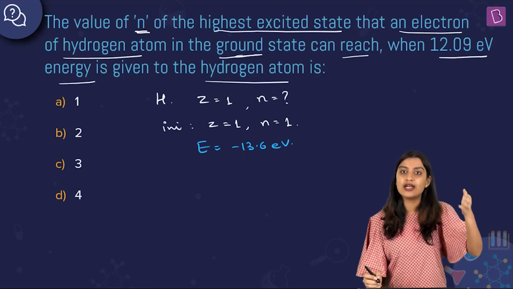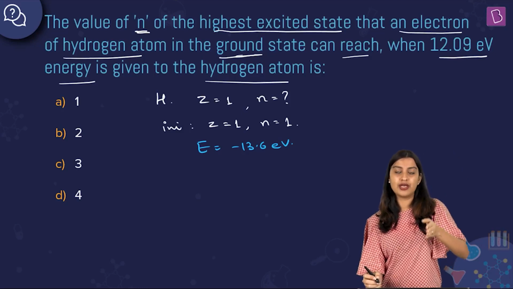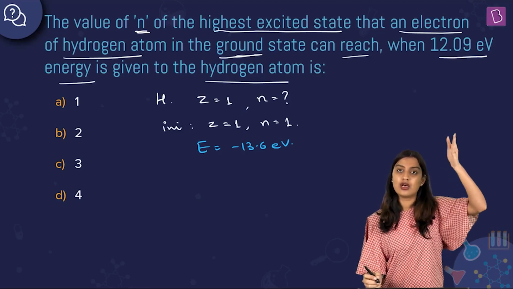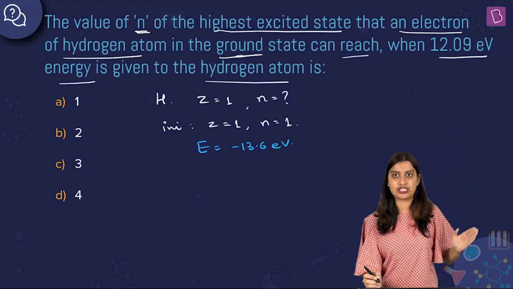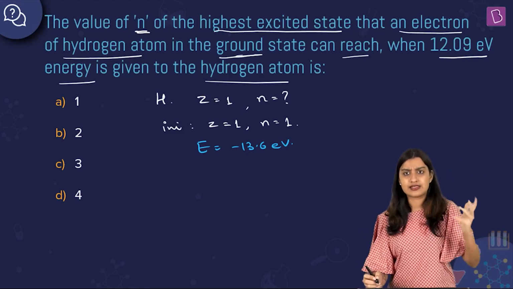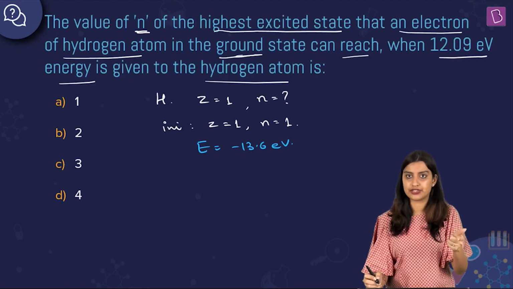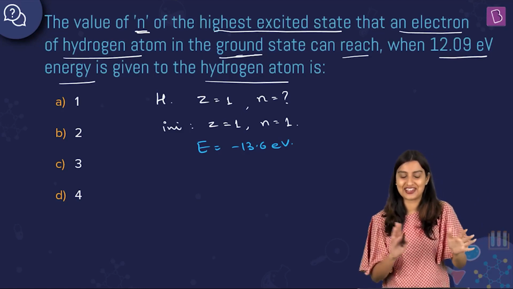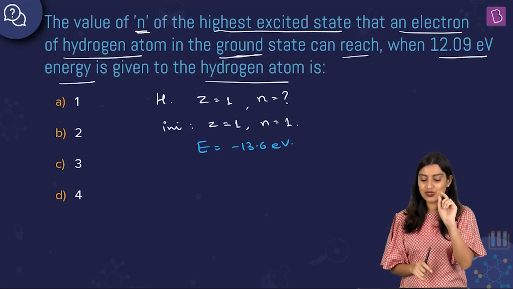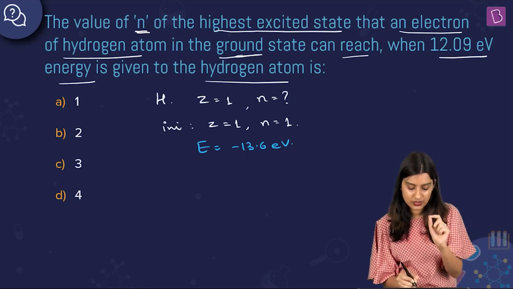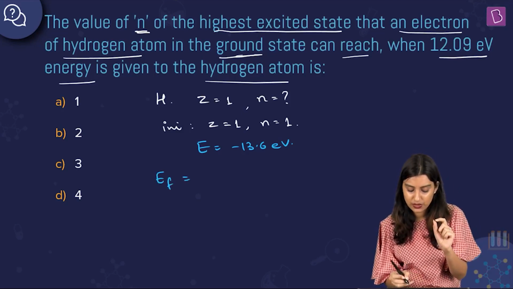The best case is that all the energy will get absorbed and the electron will get to some higher energy state or higher excited state. This is the best usage of the entire energy according to the question. So you have to find out E final.